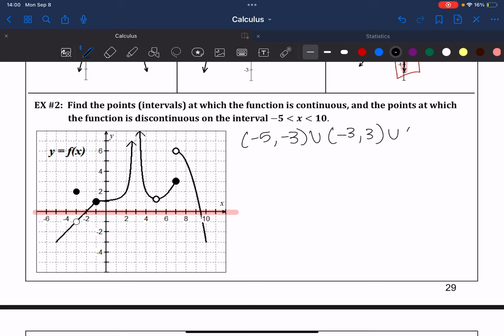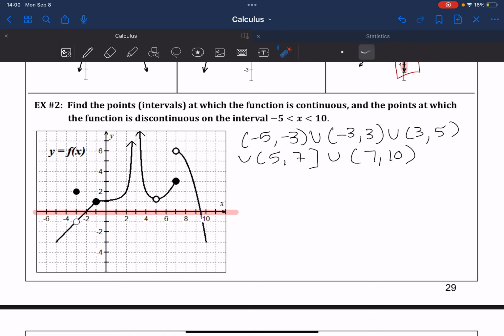And then union 3 to 5 where there's a hole. Union 5 to 7. Notice at 7 there's a closed dot so I can use a bracket. Union 7 to 10. So every time there was a union, that indicated some type of discontinuity.